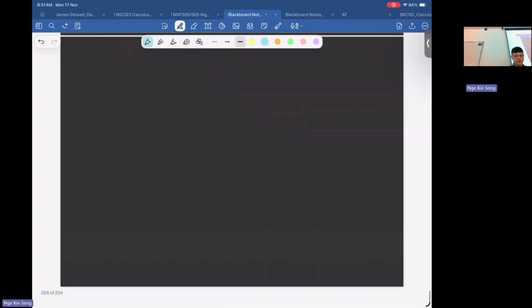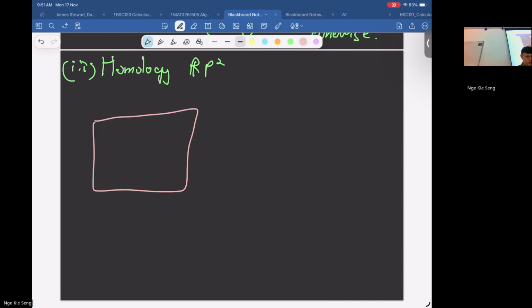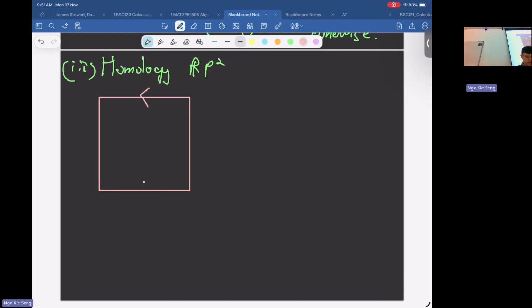Yeah, let's do one more and then we're gonna take a break here. Next is homology of RP2. Okay, so we draw RP2 and opposite that.